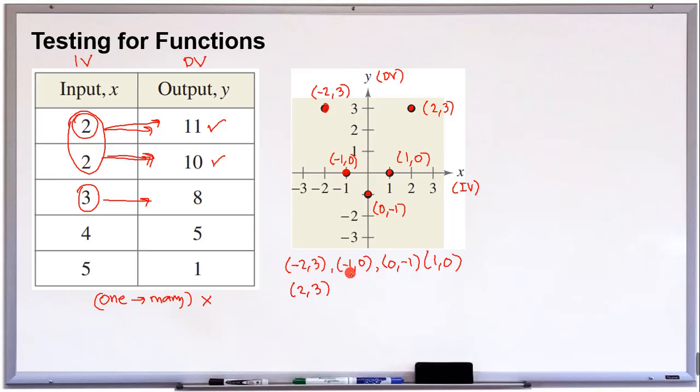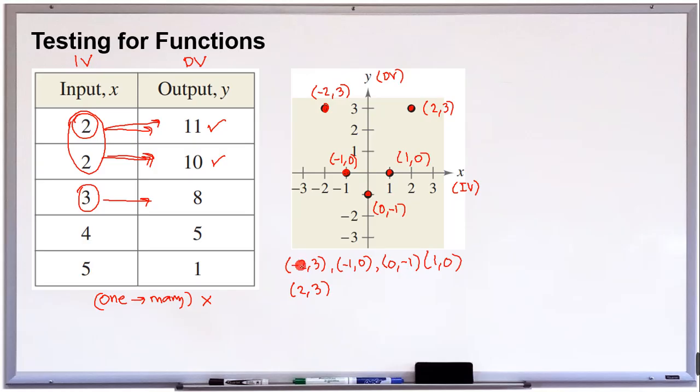And for negative 1, the value is 0. For x equals 0, the value is negative 1. And for x equals 1, the y value is 0. And lastly, for x equals 2, the y value is 3. Now, I guess there are two pairs of repeating values of y.